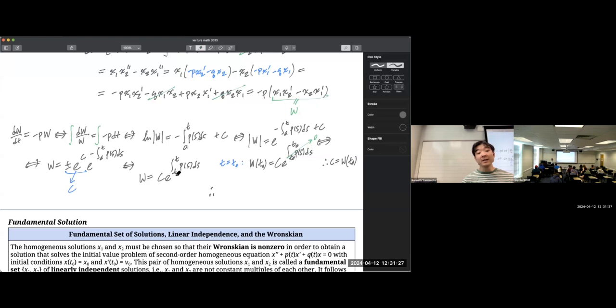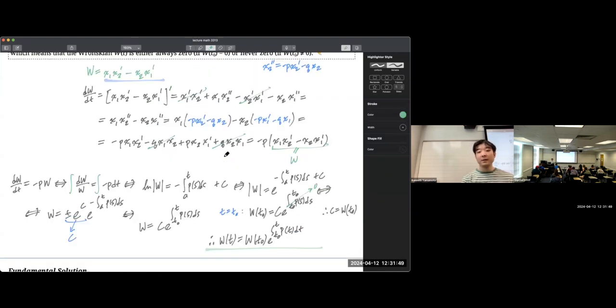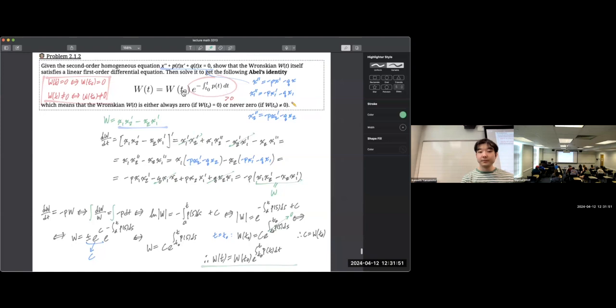If you choose a to be t naught, then that means your Wronskian for all time is equal to the Wronskian at the initial time times e to the integral from t naught to t of p of t dt. And that's the same thing that we have up here.